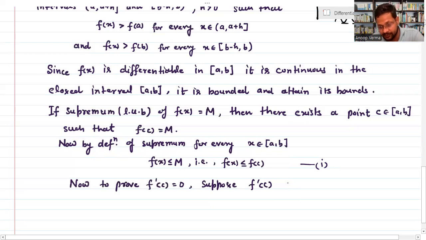Okay, I'm supposing this derivative at this point is not equal to zero, right?